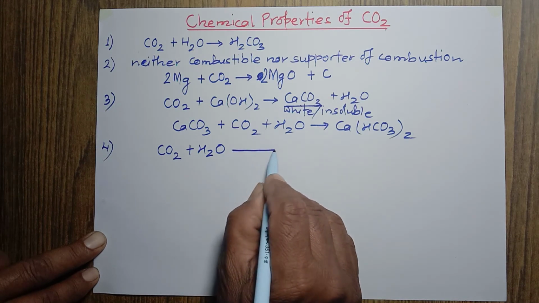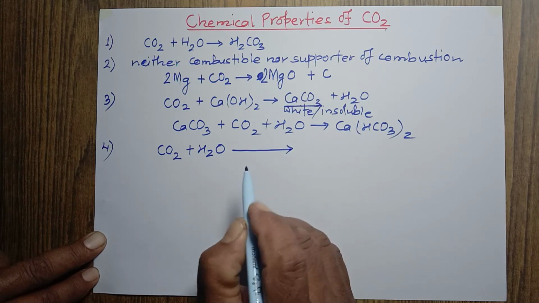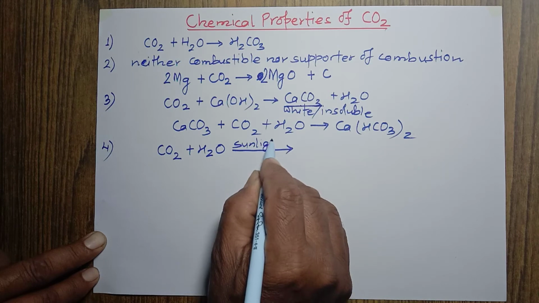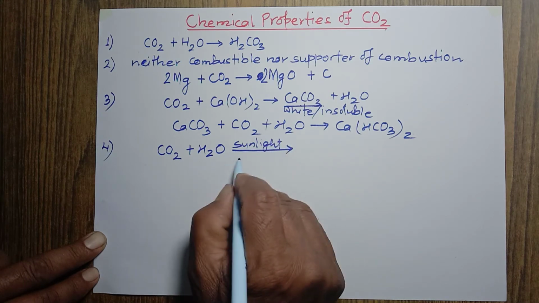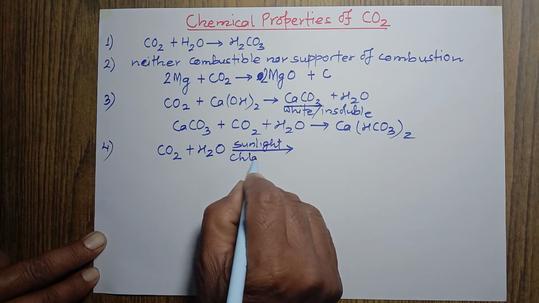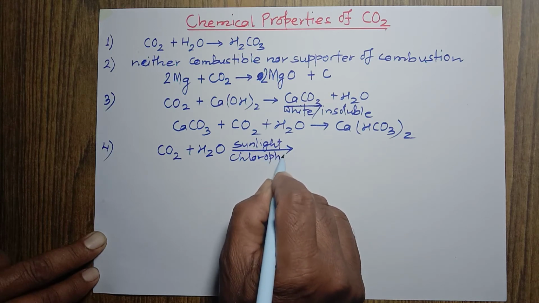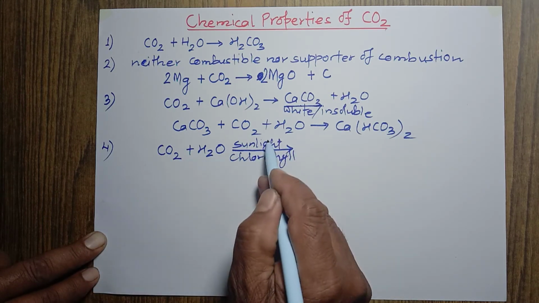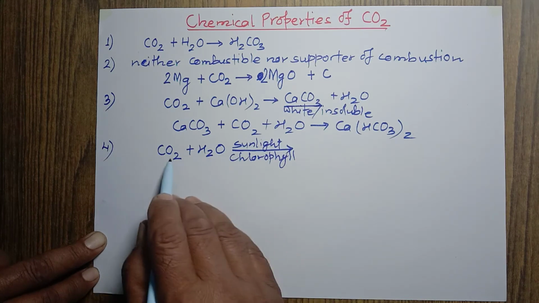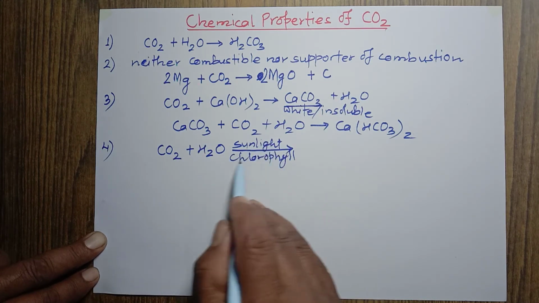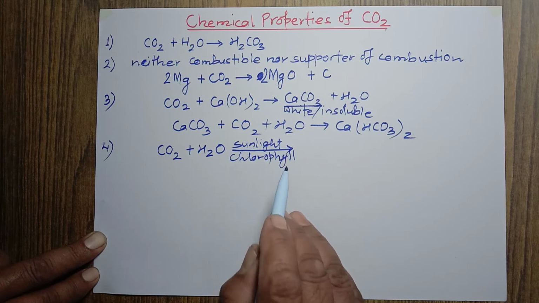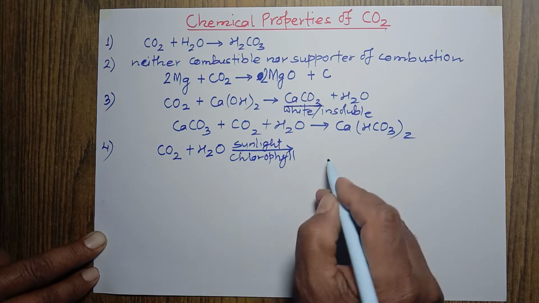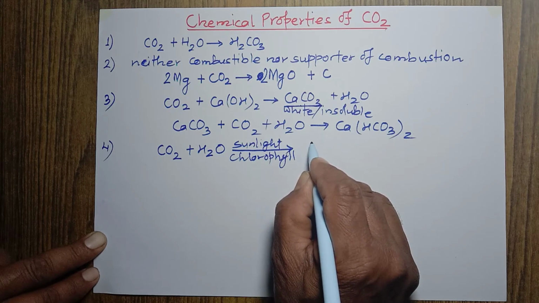Actually, carbon dioxide gas reacts with water in the presence of sunlight with the help of chlorophyll. We have to remember 4 points: carbon dioxide, water, sunlight, chlorophyll. Chlorophyll acts as a catalyst, and it forms glucose.